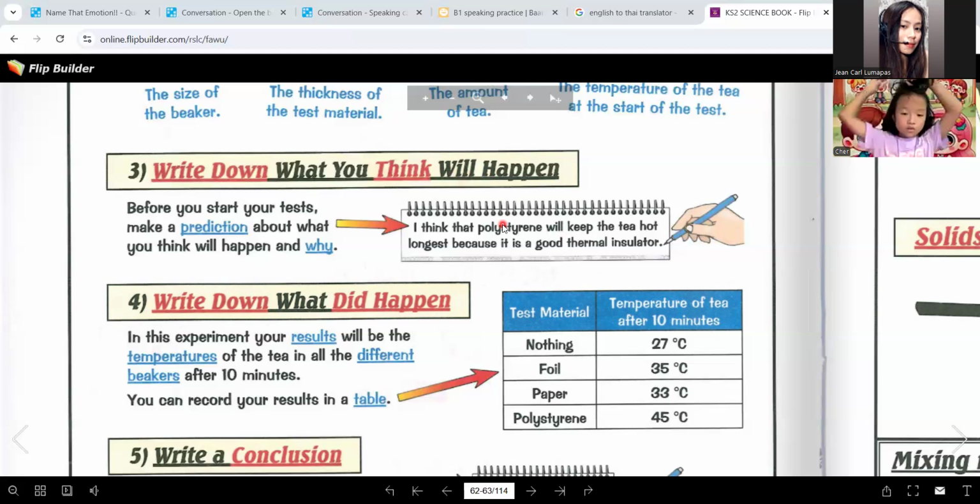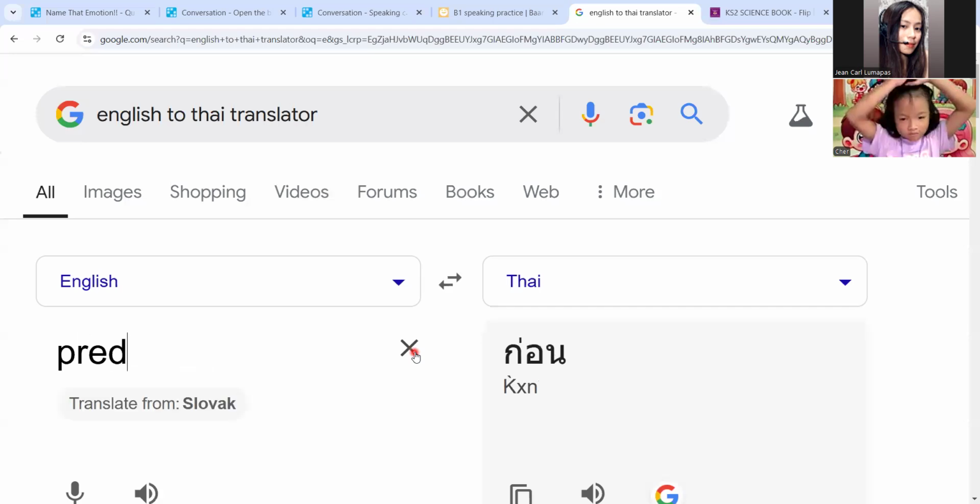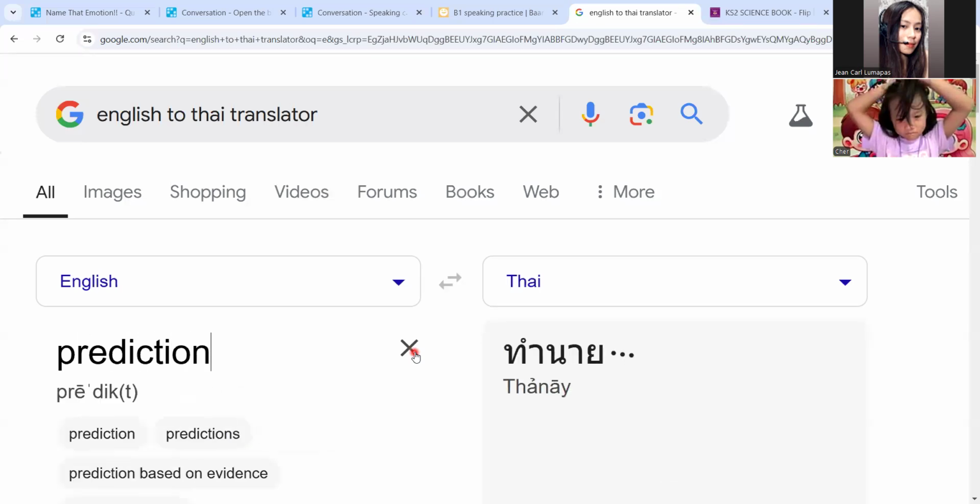Yes, it's a prediction. Let me translate again.